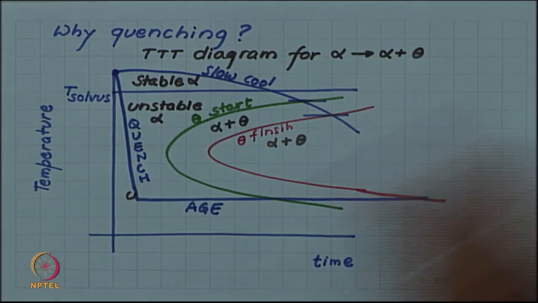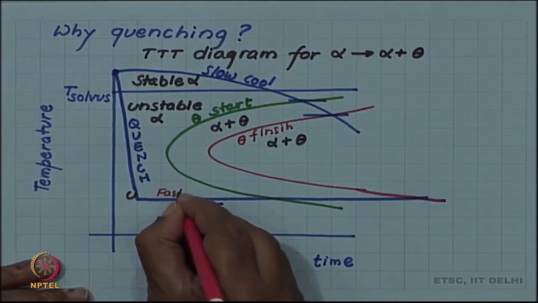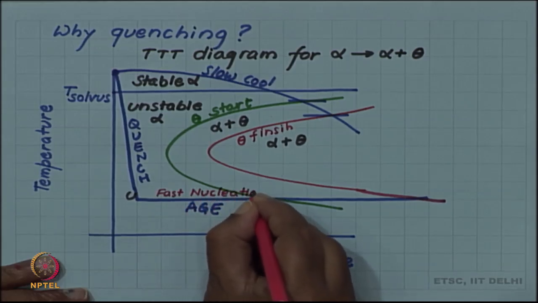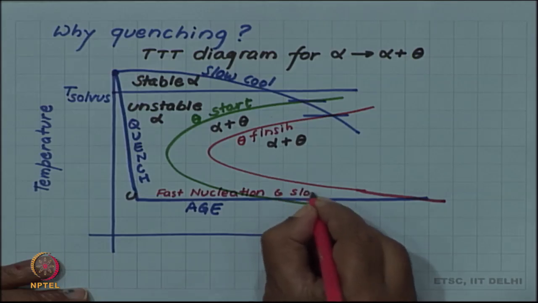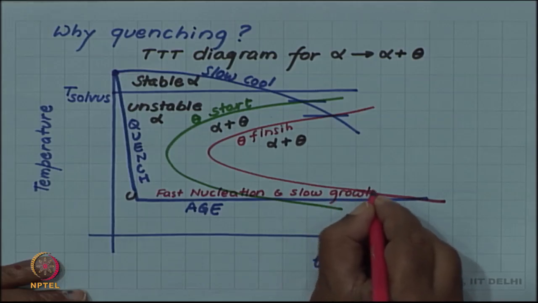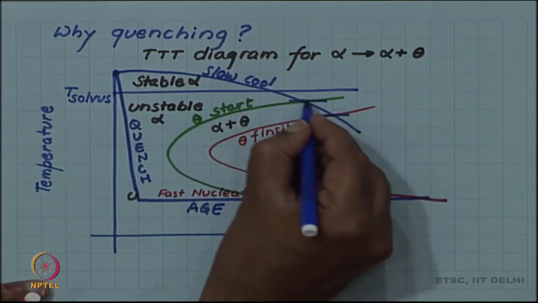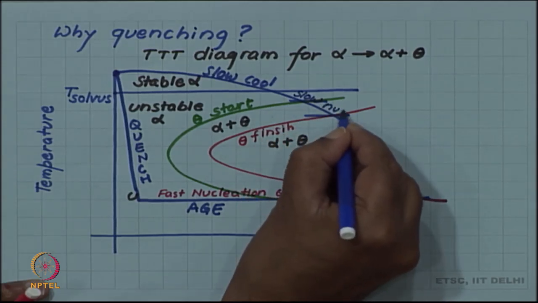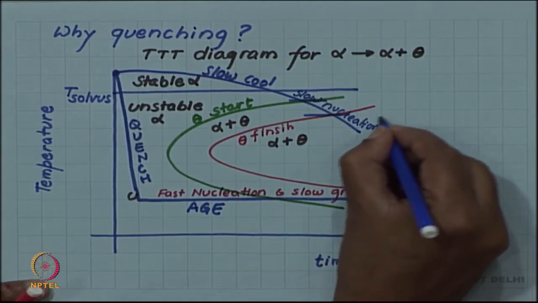So, let us write that: fast nucleation and slow growth, whereas at the higher temperature you will have slow nucleation and faster growth.